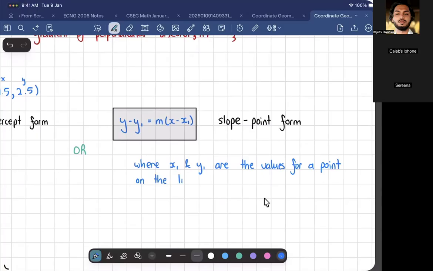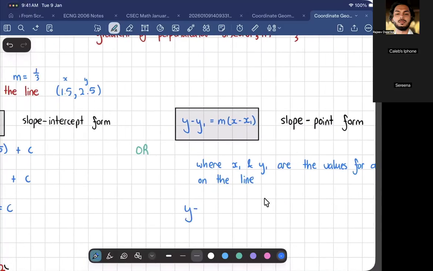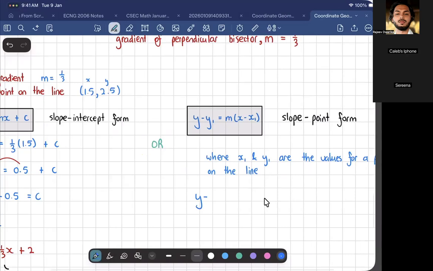So if we're using this formula, it's going to be y minus what? What is y1? Tell me, Caleb, what is y1? So x1 and y1 are just values for the point on the line. The point on the line is 1.5, 2.5. So what is the y value? What was the y value for the point on the line?